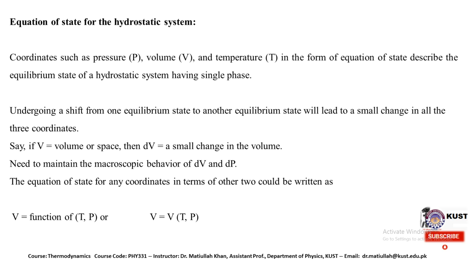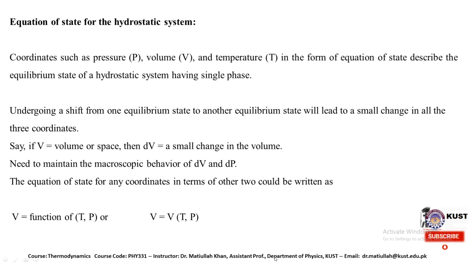If we consider a system in equilibrium having volume V, and it is undergoing a transition, there will be some change in the volume, that is called dV, the small change in volume.